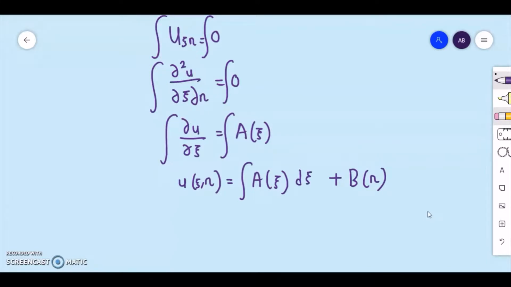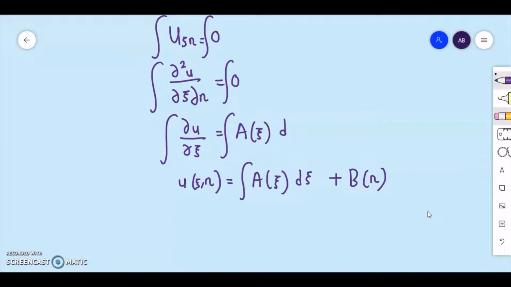So first equation, integrate with respect to eta. That will give me partial u over partial psi equals a of psi, a function with respect to psi here. And then the second integration will give me u of psi and eta equals the integral of this one.